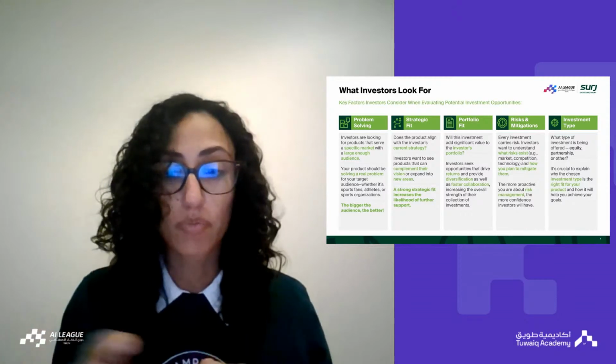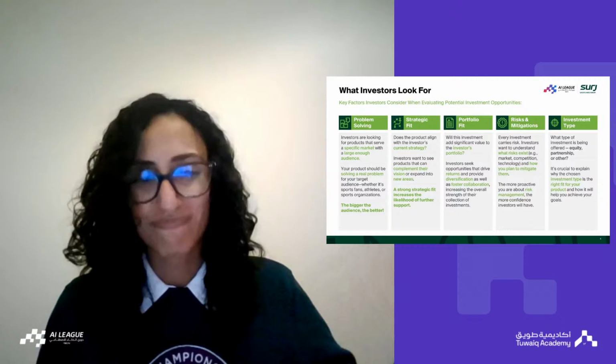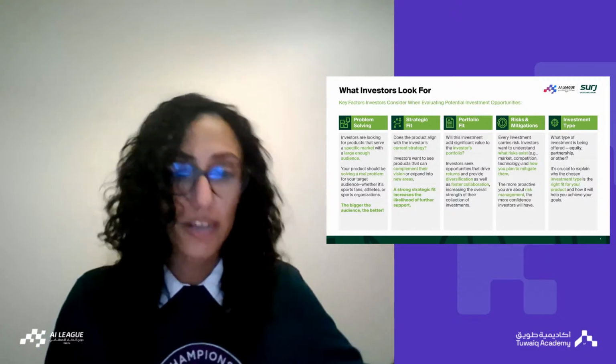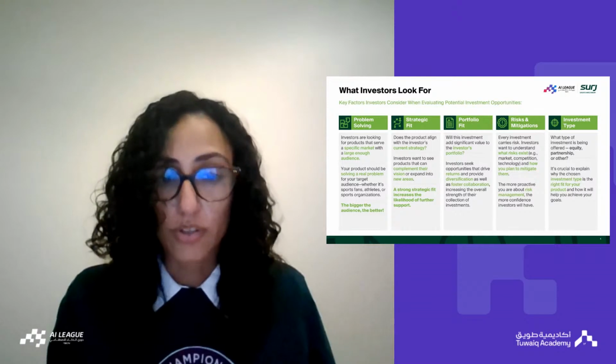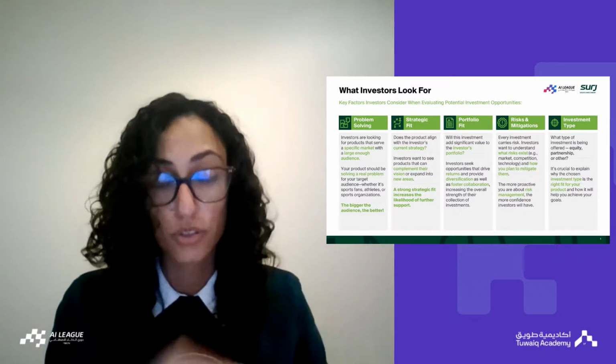And when I say a real problem, not an annoyance, or if a client comes to you and says, this kind of annoys me, I don't have time to deal with it, you're not solving for a problem, you're solving for an annoyance. And so it's really important to distinguish between the two.